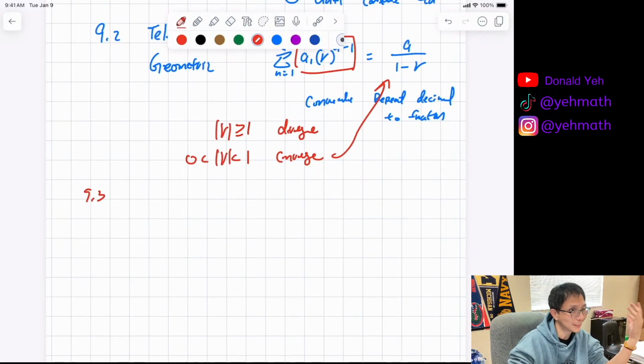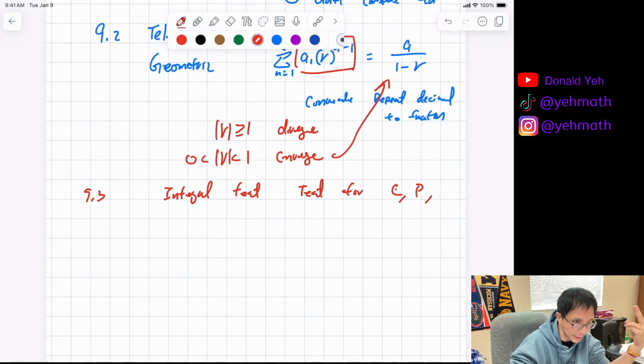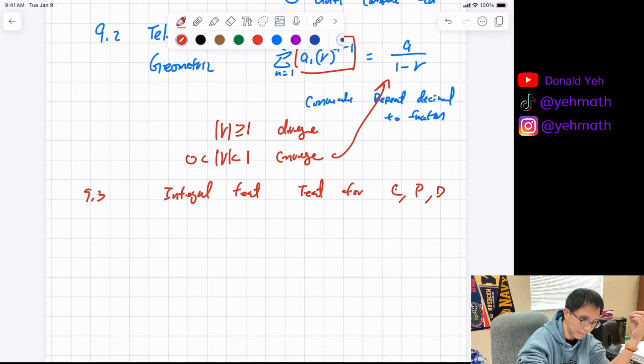we know two different tests, the integral test. Now, in order to use the integral test, you must show me that you can test for CPD. That means continuous, positive, and what's D? Decreasing, yeah.